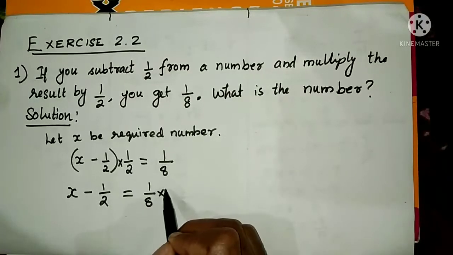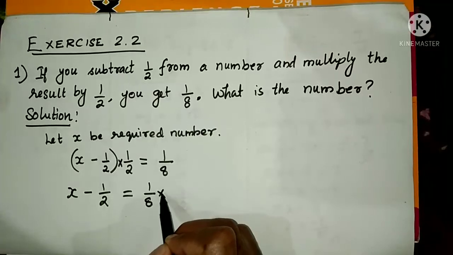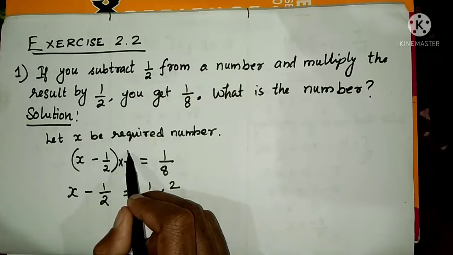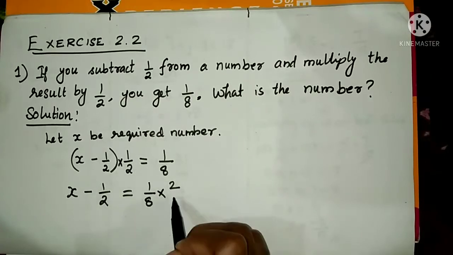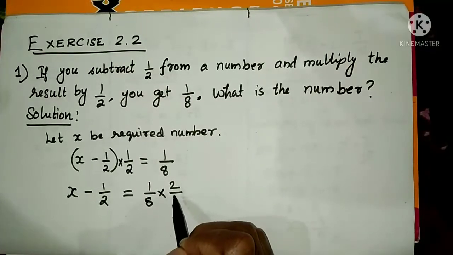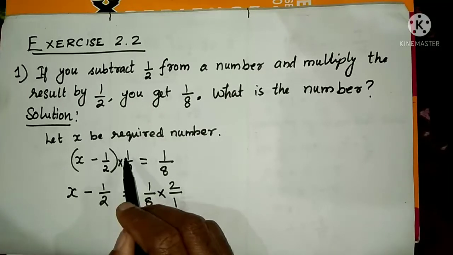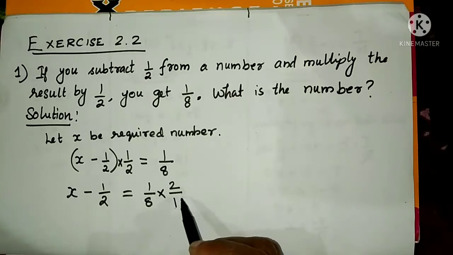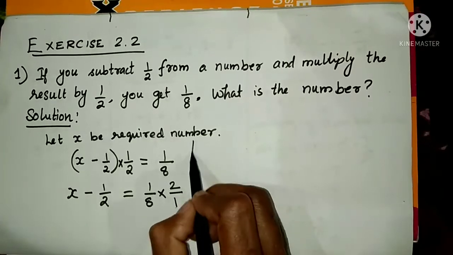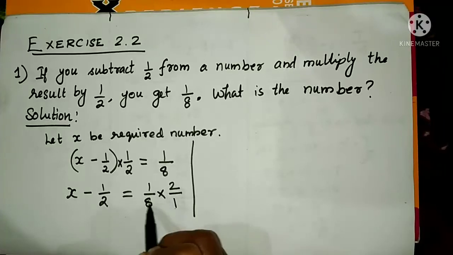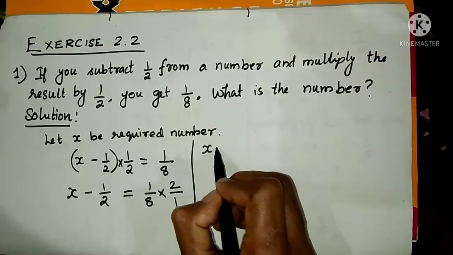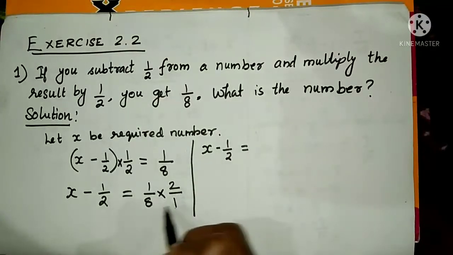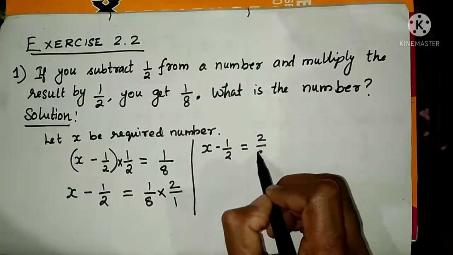So 2, divided by 2 when it goes that side, is multiplied by 2, and here 1 is multiplied, when it comes this side, it becomes division by 1. So a fraction, when it's transposed to the right side, goes as a reciprocal. So now we can multiply these two. So x minus 1 upon 2 is equal to, when you multiply these two, 2 upon 8.